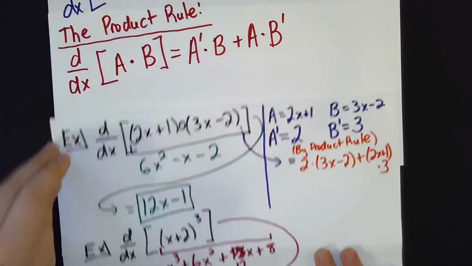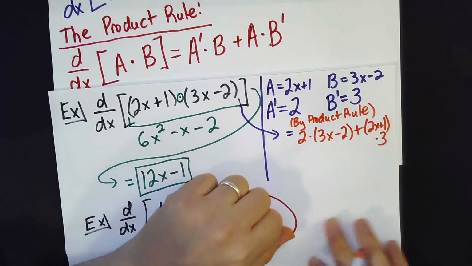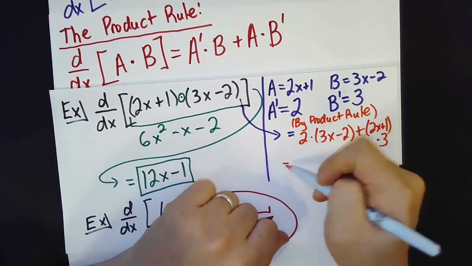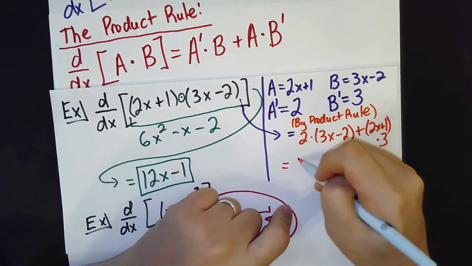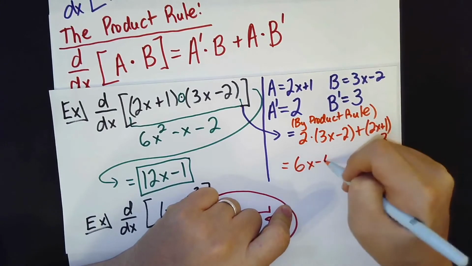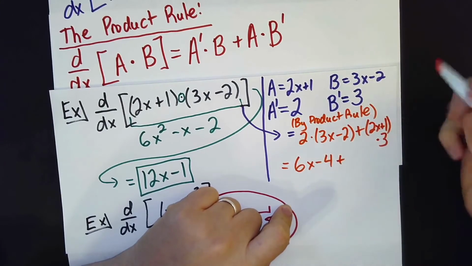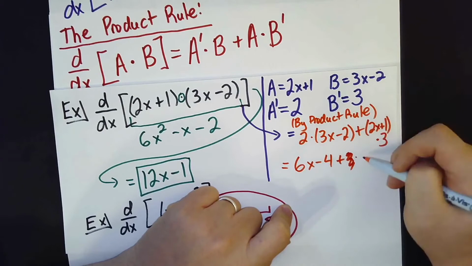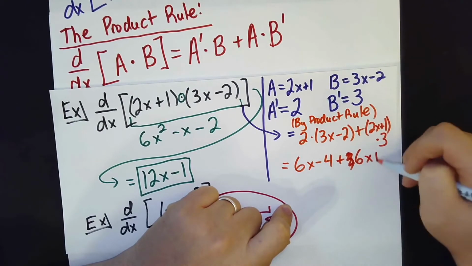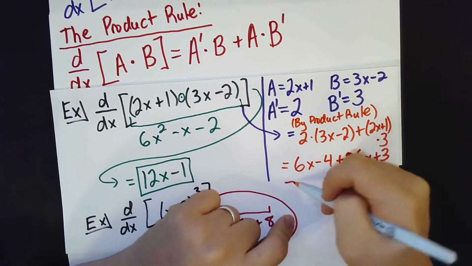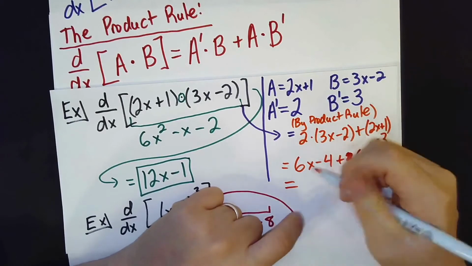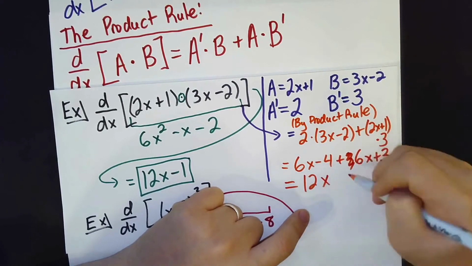Okay, if I continue along this path, what do I get? Well, this is going to be 6x minus 4 plus, and then this is going to be 6x plus 3. And so if I combine those, then I'm going to get 12x minus 1.